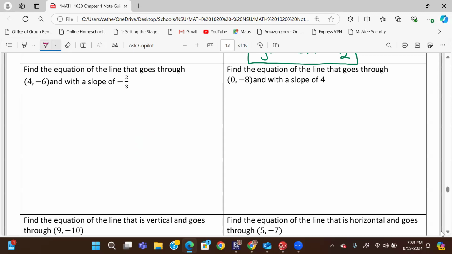All right, so we need to find the equation of the line that goes through the point (4, -6). So that's x1, y1. And it has a slope of -2/3. The best way to memorize point slope is to write it each time that you use it, just like you do with the slope formula.